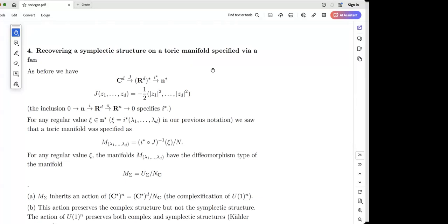So how do you recover a symplectic structure on a toric manifold specified via a fan? Suppose as before, we have C to the d mapping to R to the d under the map J, and there was also the map i star. So J was these quadratic maps.